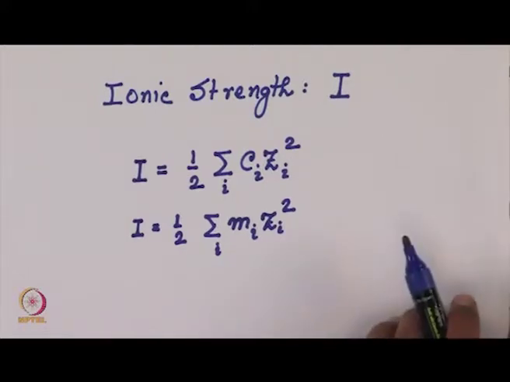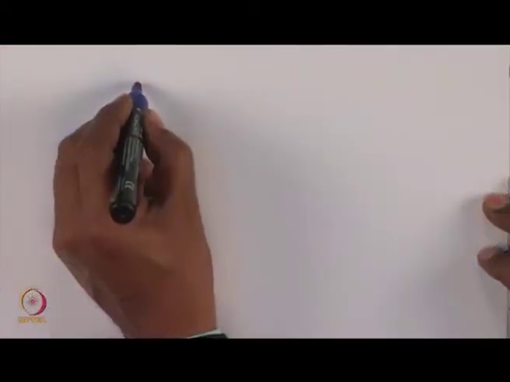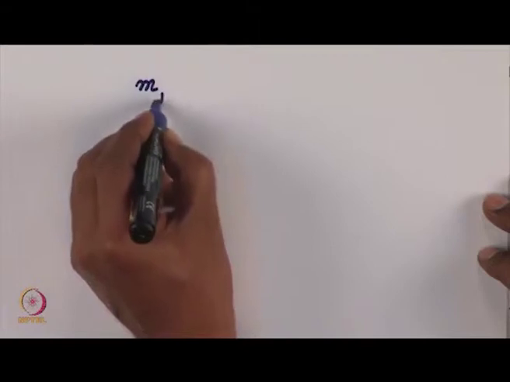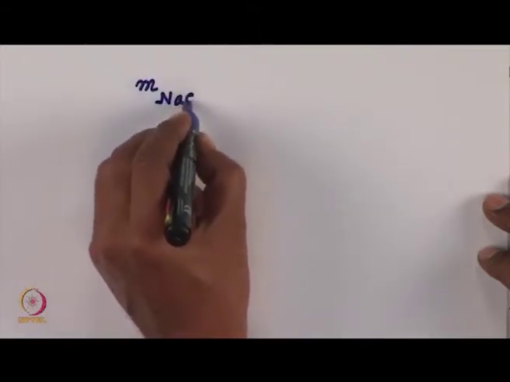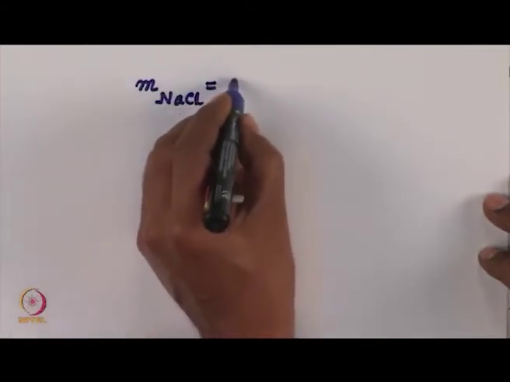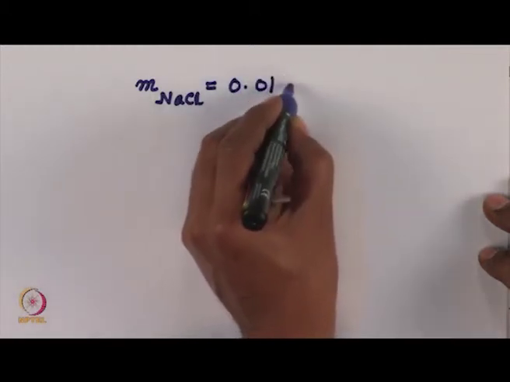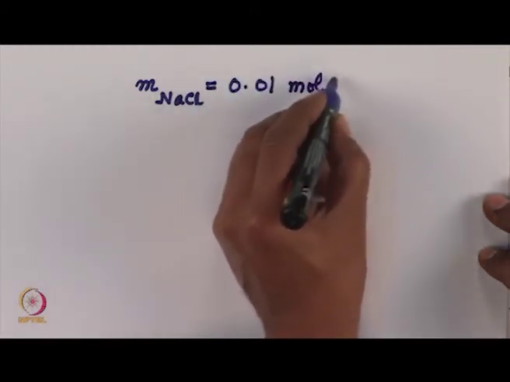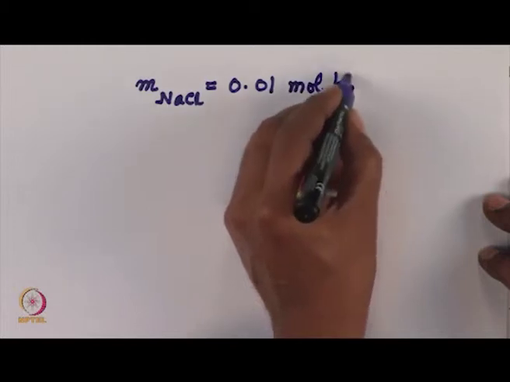Now suppose you have only sodium chloride in solution, and let us say the molality of sodium chloride is 0.01 mole per kg.